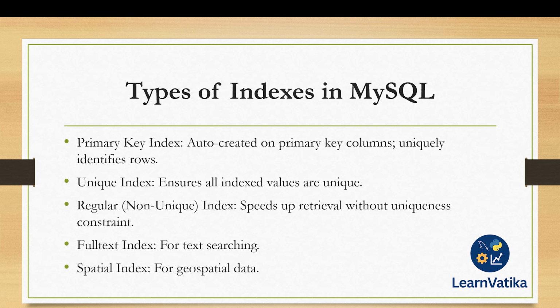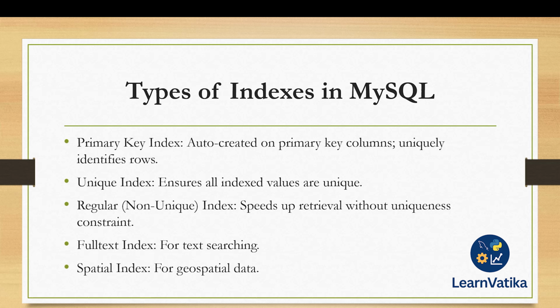So there are a few types of indexes present in MySQL. First is the primary key index. A primary key index automatically gets created on primary key columns and uniquely identifies rows. So we don't need to create the index explicitly. Then we have the unique index, which ensures all indexed values are unique.